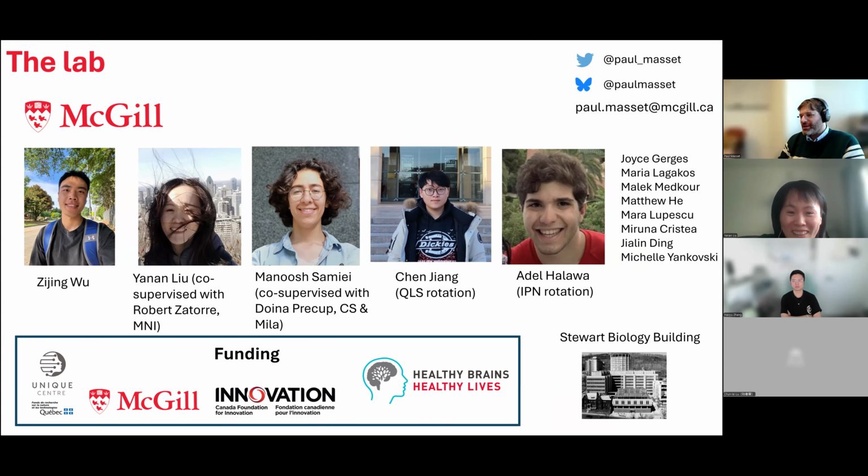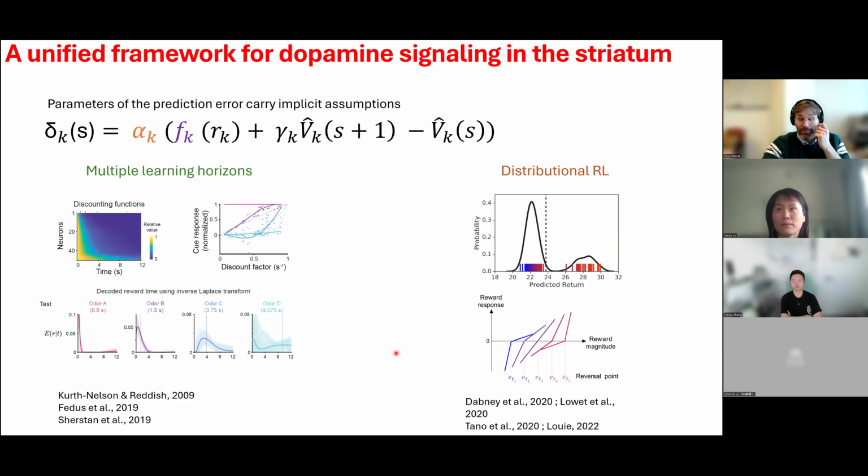Yeah. So how did this come about? We're thinking a lot about this idea of distributional reinforcement learning in the lab. There's a paper from DeepMind that used data from Naoshige Uchida's lab to show very strong evidence of distributional RL in dopamine neurons.